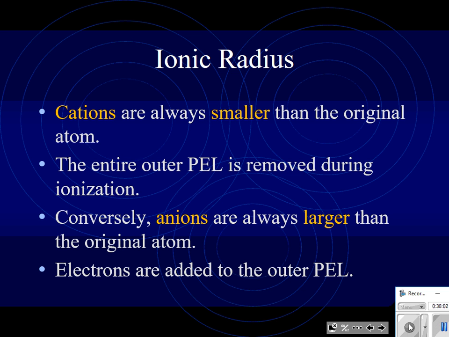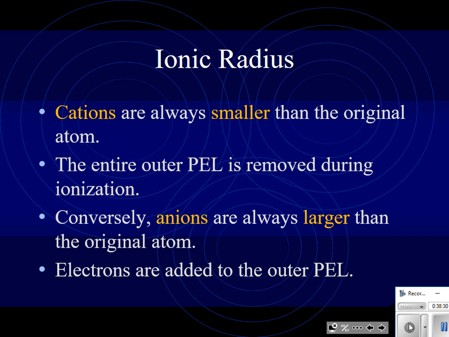All right, ionic radius. This makes sense too, folks, when we talk about an ionic radius. Cations are smaller than the original atom. They lose electrons, therefore, they take an entire principal energy level off, so they get smaller. Anions are larger.